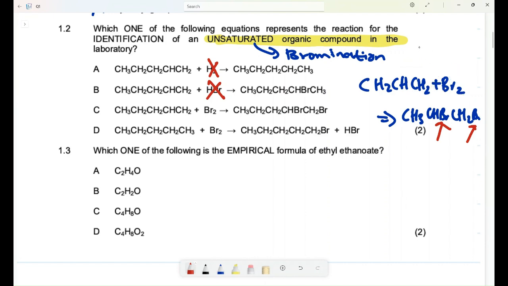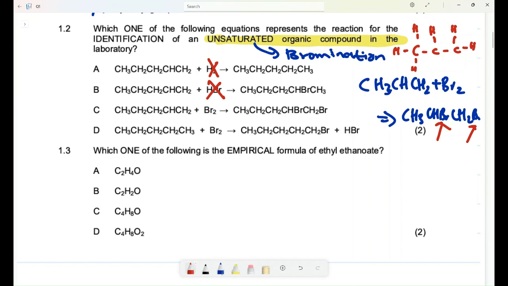Let me draw a structure for this one so that you can see. It was like this: CH2, CH, then CH2, like that. Can you see now? I think it's supposed to be CH3 here. Let me say it is CH3, like that.